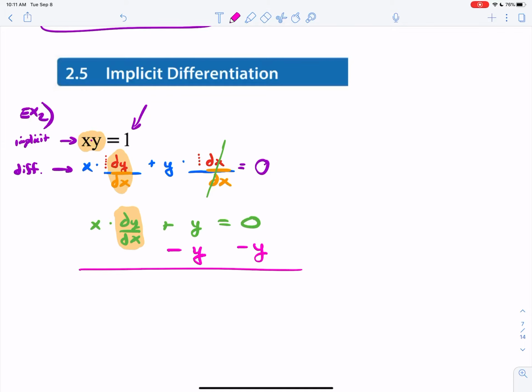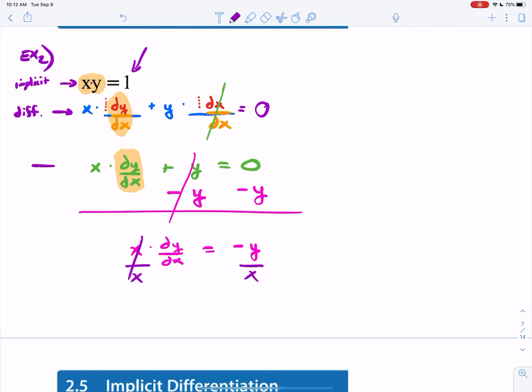Okay. So now x times dy dx is equal to 0 minus y, which is just negative y. Okay. And to get dy dx by itself, I would have to move that x there. So since it's multiplying, I'll divide by an x, and I'll divide by an x.